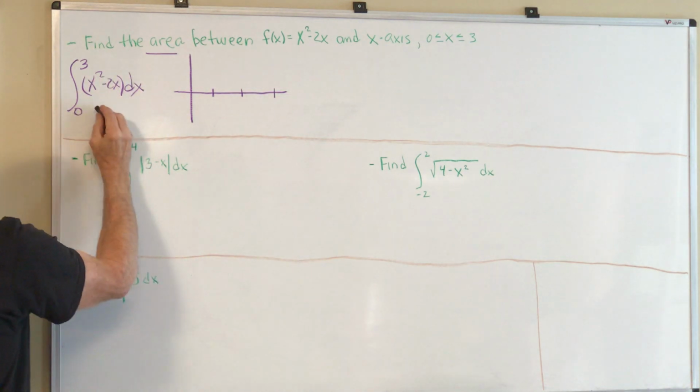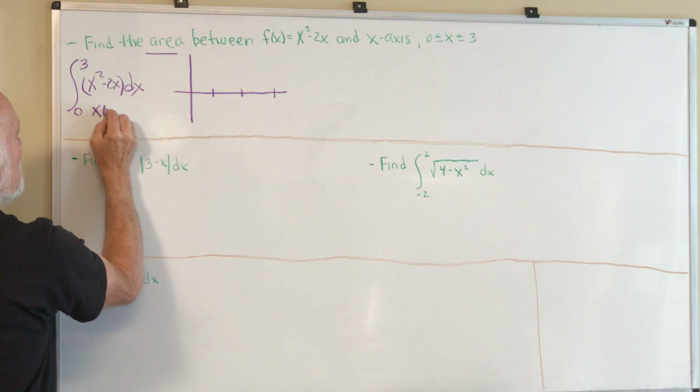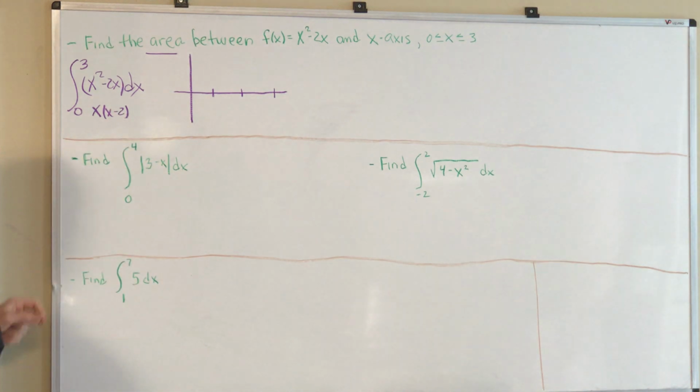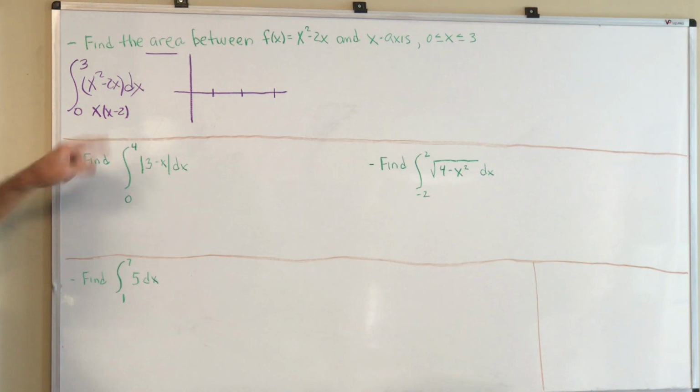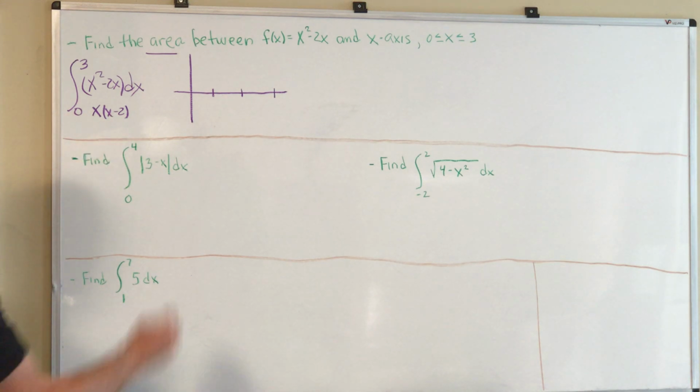If we factor it into x times x minus 2, we see it's 0 at x equals 0 and x equals 2. If you take a number less than 0, a negative times a negative is a positive.